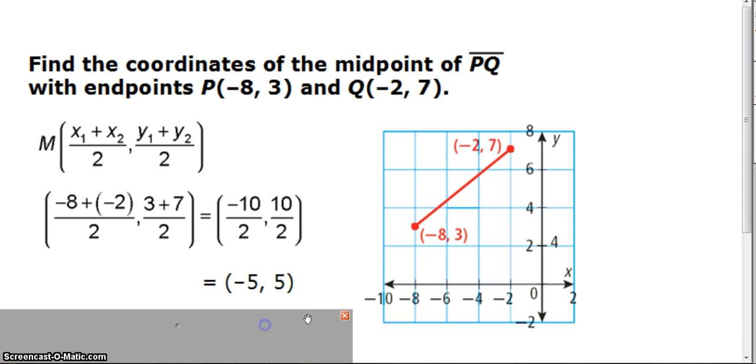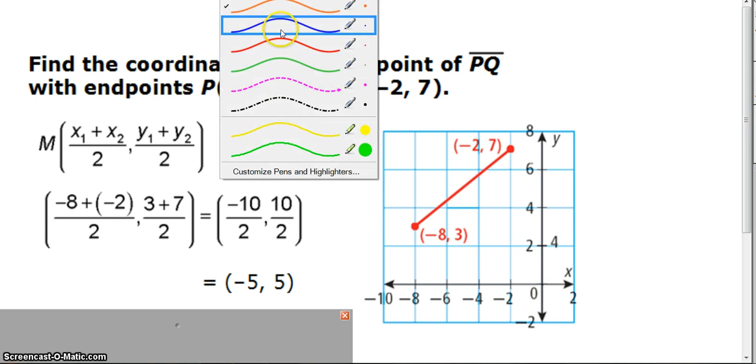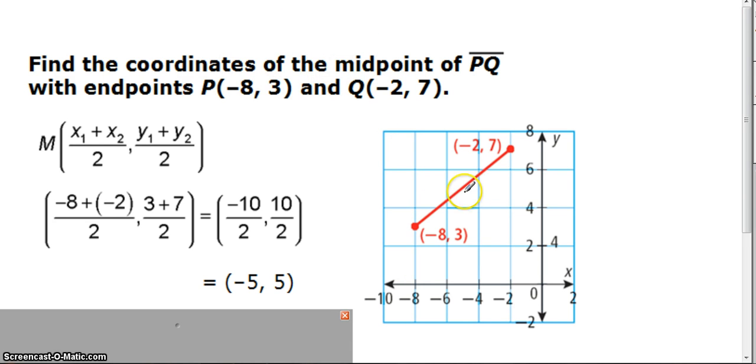So our midpoint is at -5, +5. And if we were to draw our midpoint in, let me grab a blue. If we were to go left 5 and in the vertical direction up 5, we would have a midpoint just about there, which looks good, doesn't it?